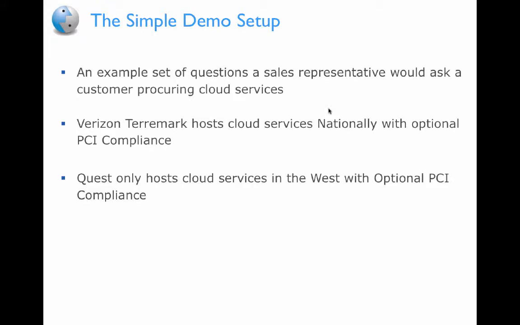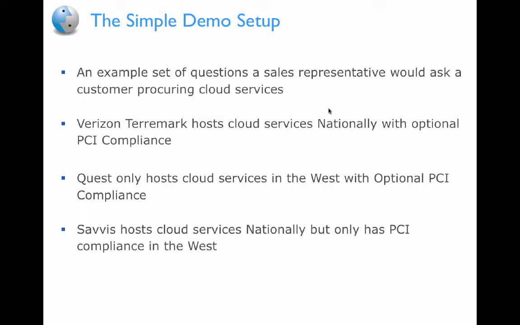Qwest will only host services in the west of America, but can do PCI compliance. And Savvis hosts services nationally, but only has PCI compliance in the west. So it's just two criteria for selecting these services.